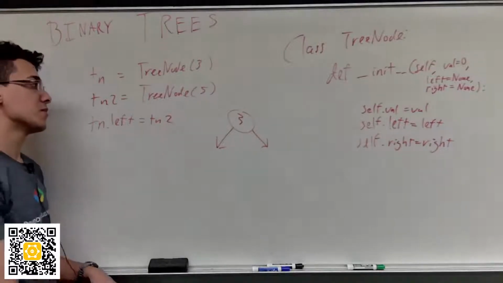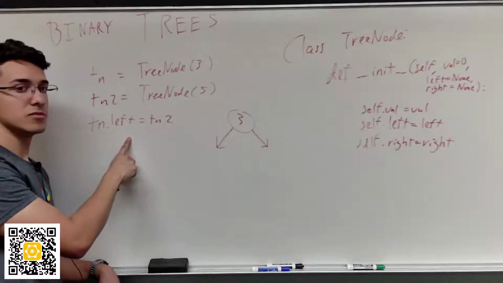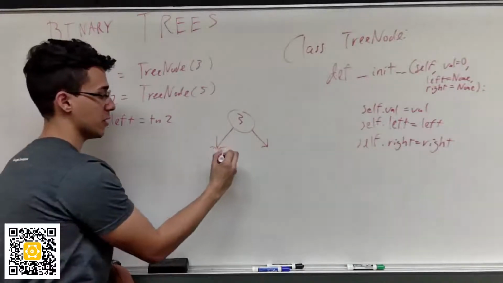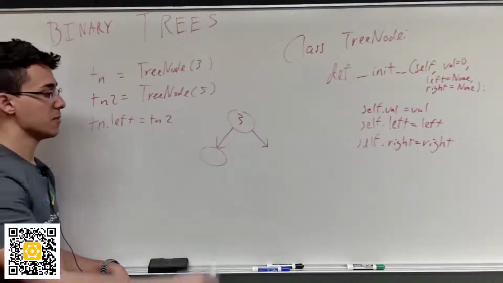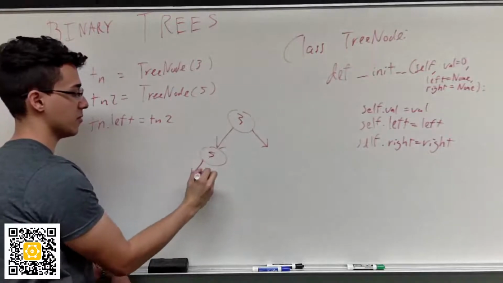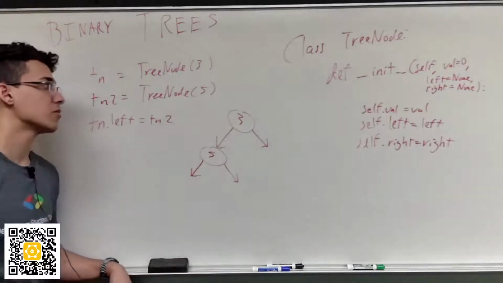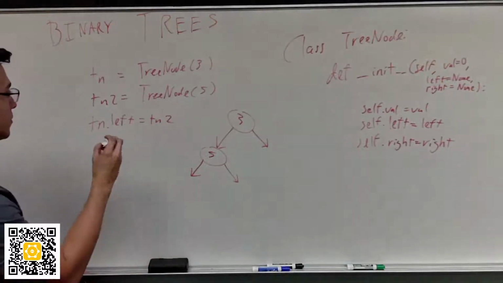The left child is what? Of the tree? And what is it? 5. Right. And by default, the others were None. Okay, and I'll do another one.